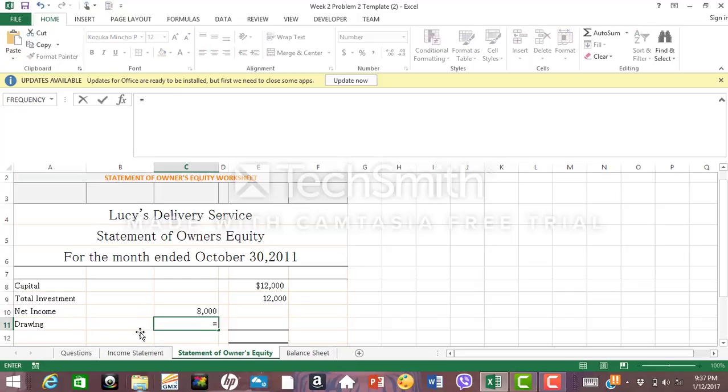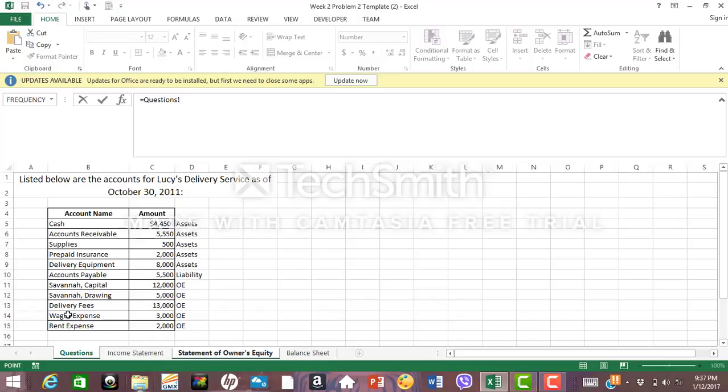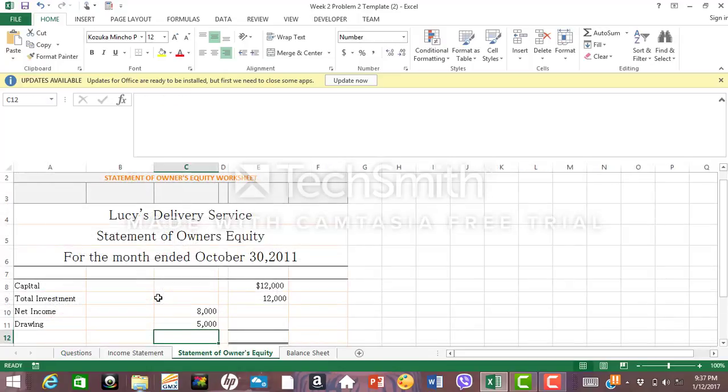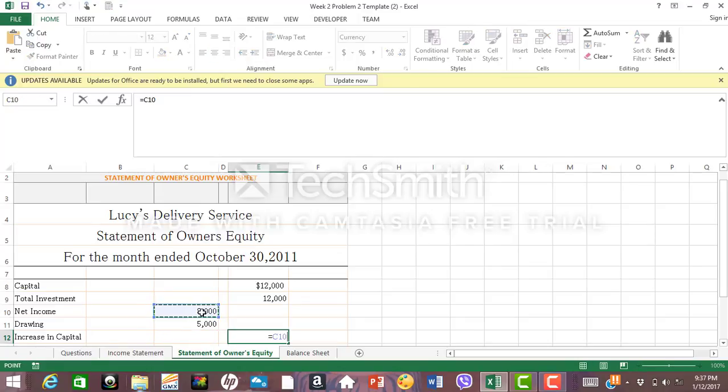And the drawing, how much did you draw this month, was $5,000. So technically, your increase in capital will be equal to the $8,000 of net income that you have made minus the $5,000 you withdrew.